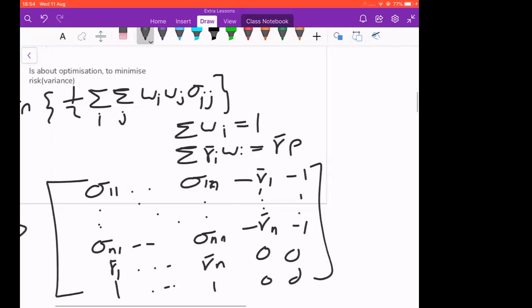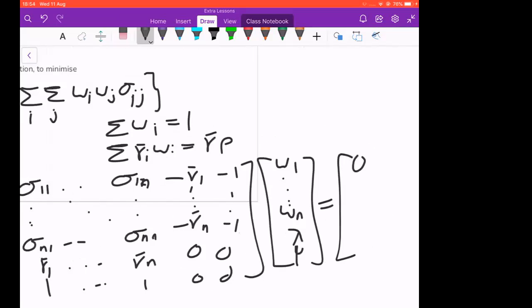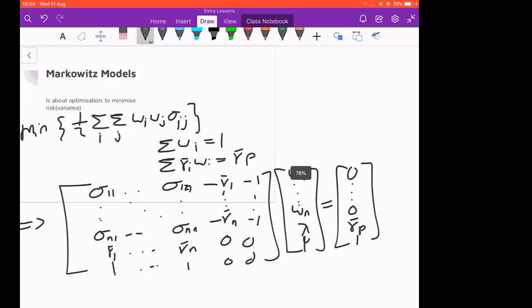Then you have your weight 1 all the way to weight n, then your lambda and your mu, equals 0 all the way to 0, your portfolio return and 1. So you are trying to solve this thing.